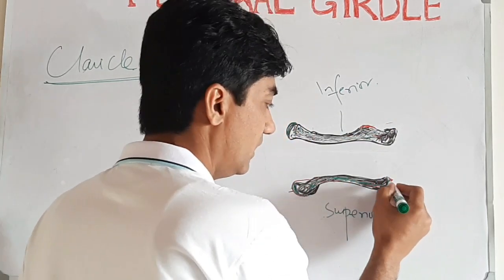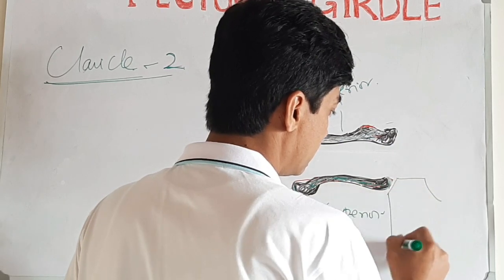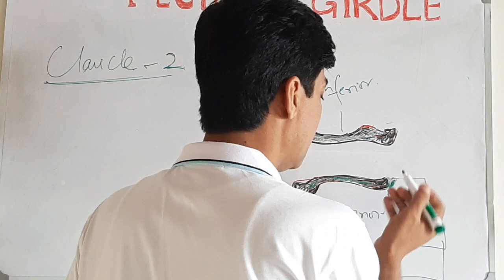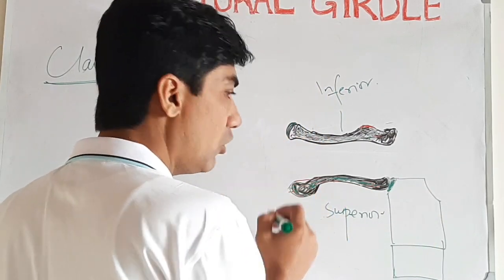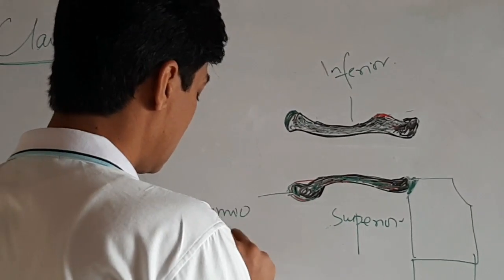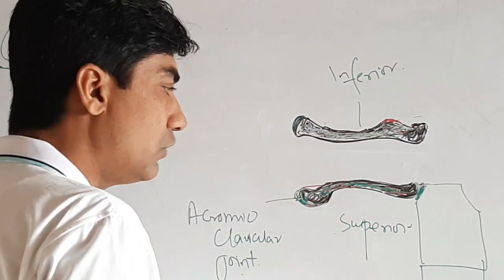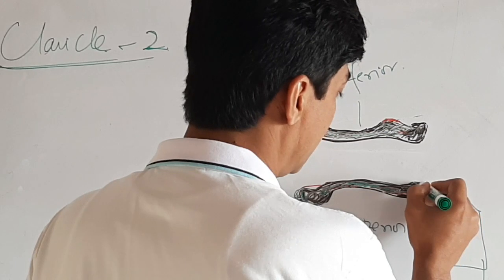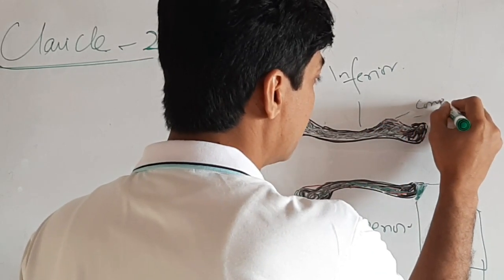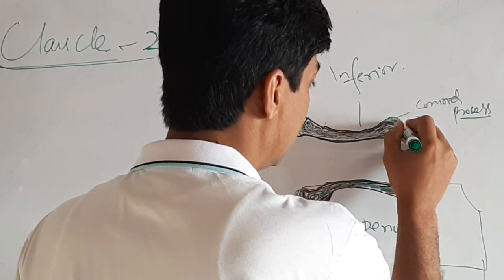It has two ends. Medially it connects with the sternum and forms the sternoclavicular joint, and laterally it connects with the acromion process of the scapula and forms the acromioclavicular joint. Near the medial side at the sternoclavicular joint there is a tuberosity, called the conoid process, which attaches to muscles.